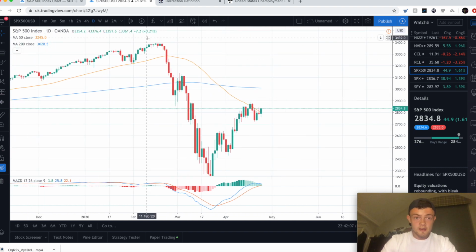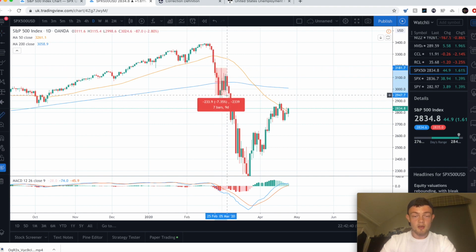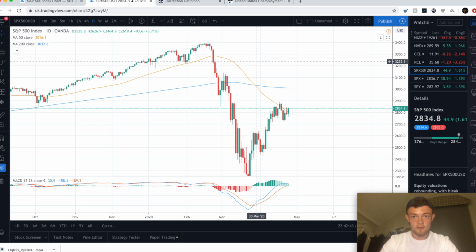So what we have seen is we were in an overvalued market prior to this crash, which has probably been the answer to why this first drop was so sharp, because if the market was just bumbling along at its normal rate and it hadn't had a huge upward trend at the start of the year, then it would have most likely been a drop of 10% less of what it should have been, so maybe a 20% drop, as a market correction, which is 10%.